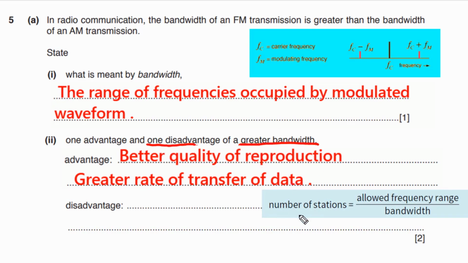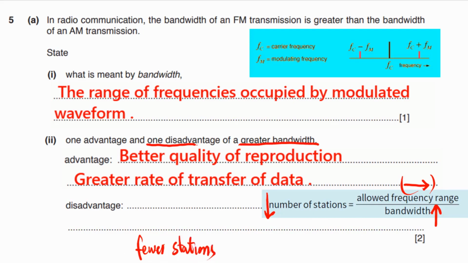Greater bandwidth actually affects number of stations. For a fixed frequency range, if we increase the bandwidth, number of stations will go down. It means there will be fewer number of stations. So we can simply say the disadvantage is fewer stations, meaning less number of stations.